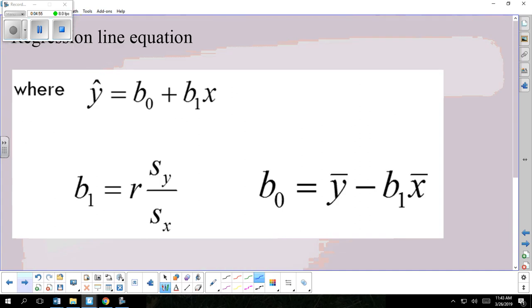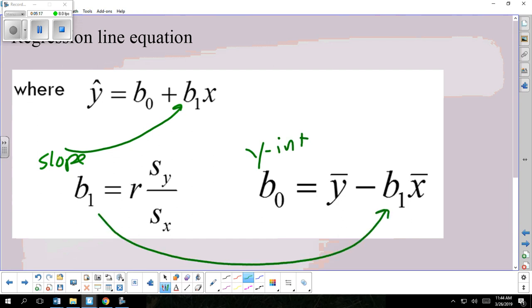So here's the equation of our regression line, where here is our slope. Calculate our slope first. And then here is our y-intercept. And notice we're going to use the slope in our equation for the y-intercept.